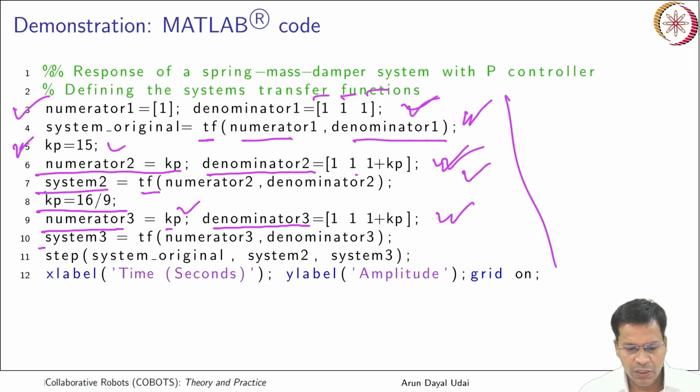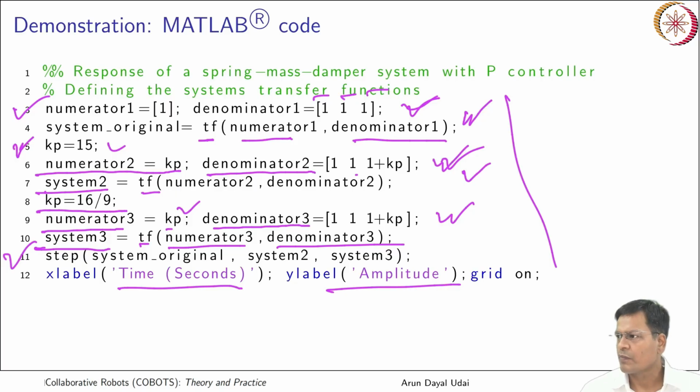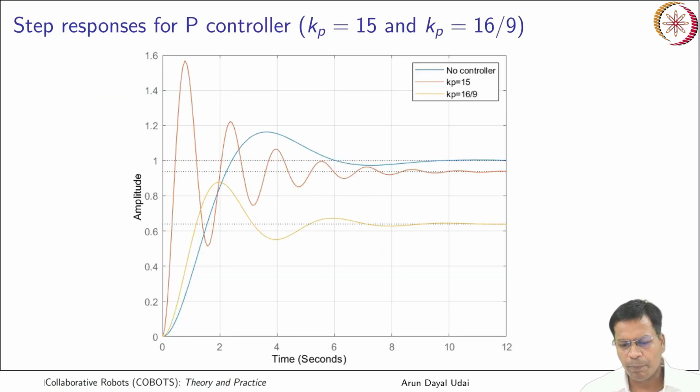So system 3 is the transfer function defined by numerator 3 and denominator 3. Step input, I am doing that analysis. I am just labeling the Cartesian axes, grid on, so I can see the plot which is very much like this. With no controller, this is the system, the blue one, and with kp equal to 15, it is the red one.